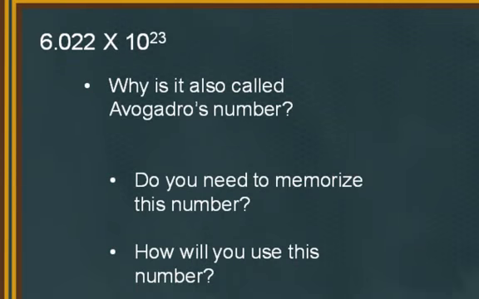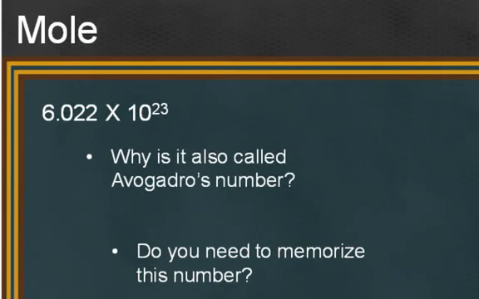All right, so the mole, 6.022 times 10 to the 23rd. Why is it also called Avogadro's number? Well, it's called Avogadro's number because Avogadro didn't come up with the number, but he was a scientist working very hard in the 1700s on some way of relating the number of atoms of elements to the amount of atoms and elements.